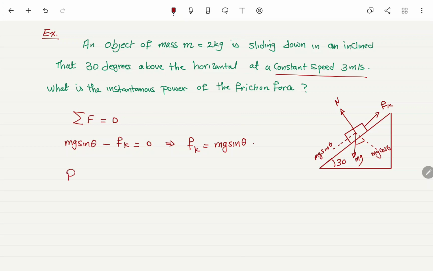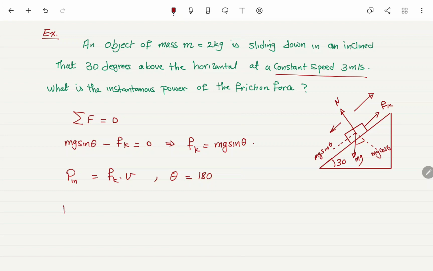And the instantaneous power of the frictional force here equals Fk dot v. Now the angle between the frictional force and the speed is equal to 180 degrees. So this is the direction of the frictional force, and this is the object motion direction. So in this case theta equals 180 degrees.